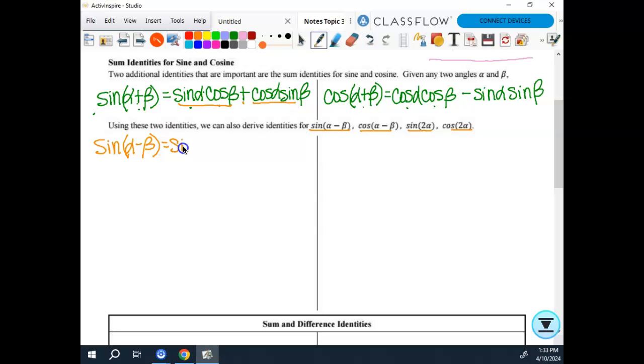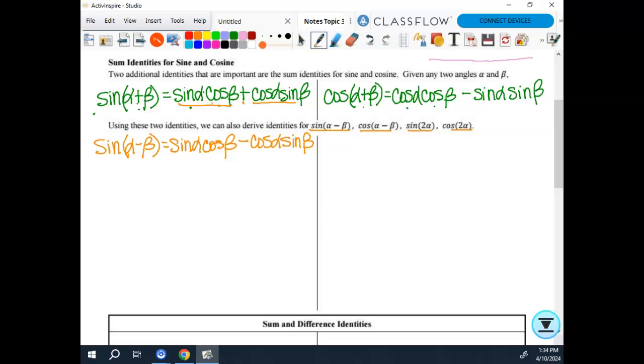That's going to be the sine of alpha times the cosine of beta. And then since the expressions alternated, the sign does not, so that's minus. And then we have cosine of alpha times the sine of beta. Everybody okay with that?